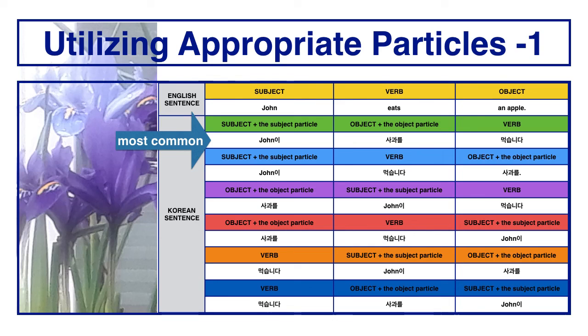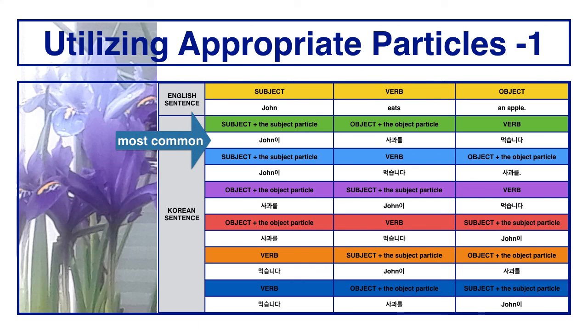Instead of that, John이 먹습니다 사과를, or 사과를 먹습니다 John이, or 사과를 John이 먹습니다.